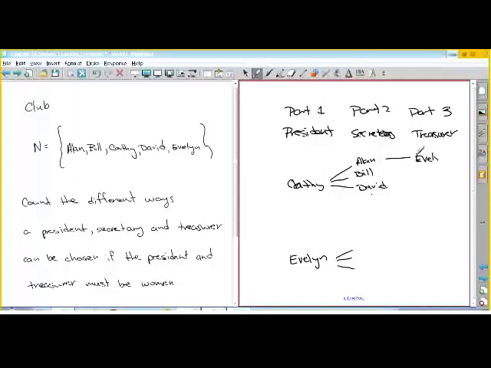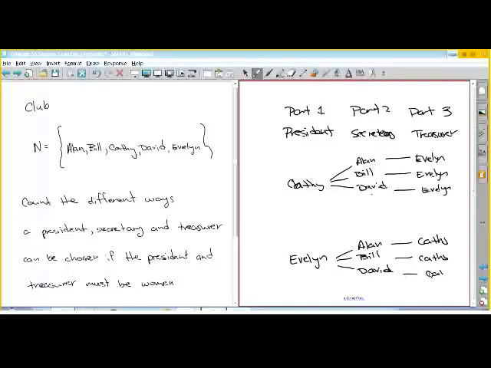So once I've chosen Kathy and Alan, the only person left over here is Evelyn. And it's the same case for every situation. So this is much more doable. David. And then we have Kathy.